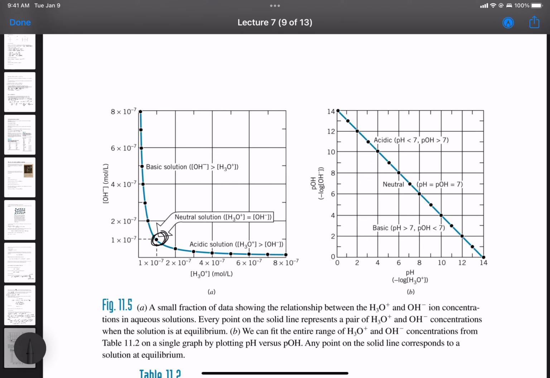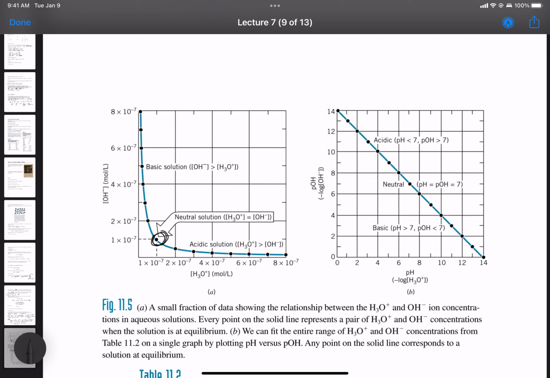As you increase the basicity of the solution, it goes toward a higher pH. We can plot all these concentrations here, and as you move up or down, it gets more basic or more acidic.